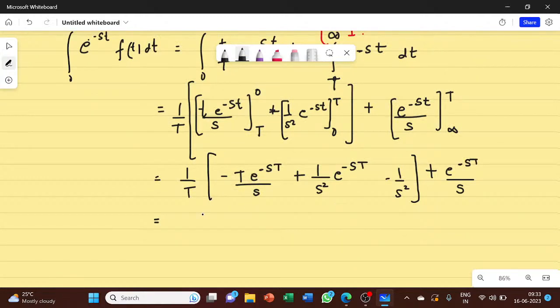Then eventually this T gets cancelled, and this will give you 1 upon s square capital T into e to the power minus sT minus 1 upon s square capital T. Is that clear?